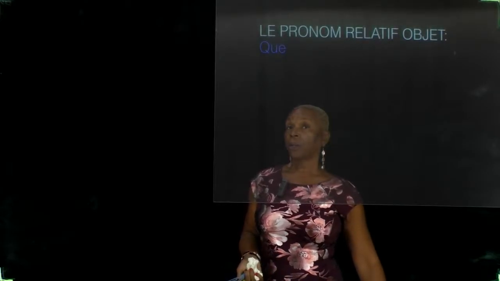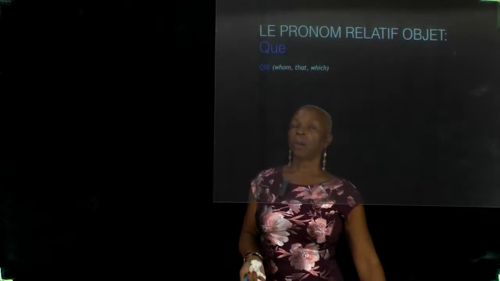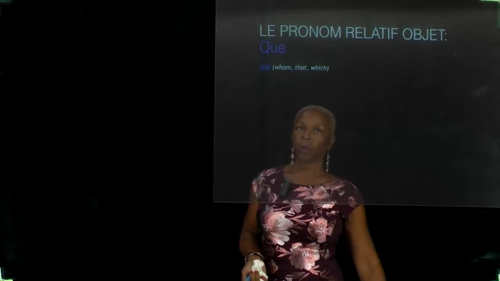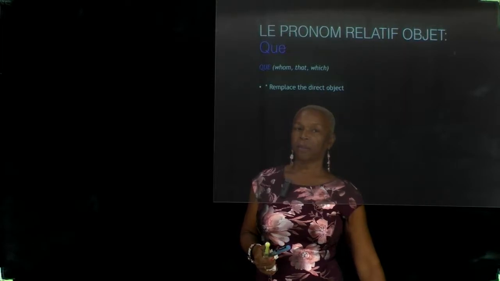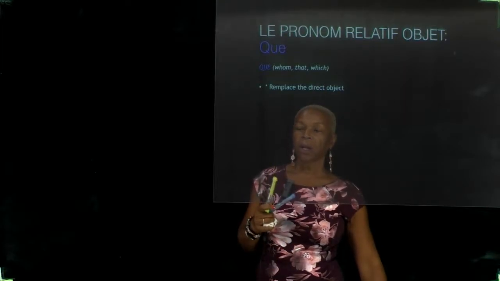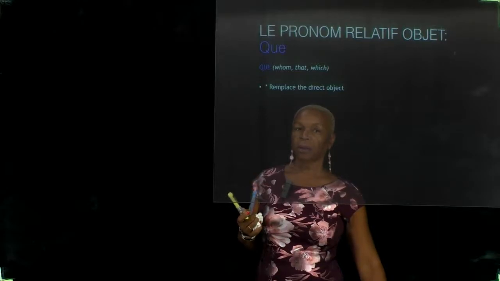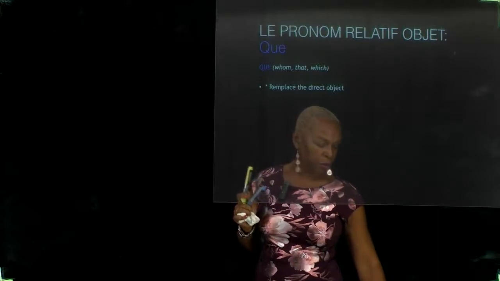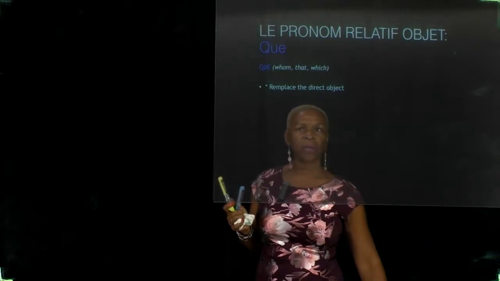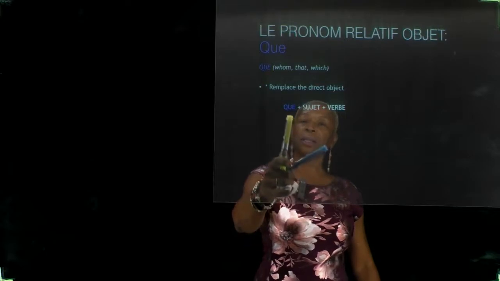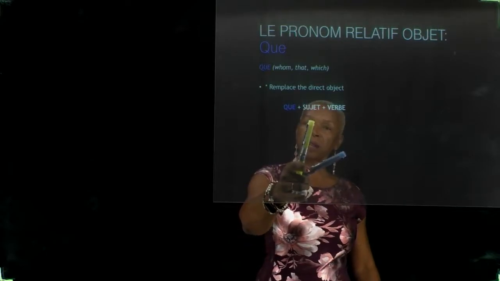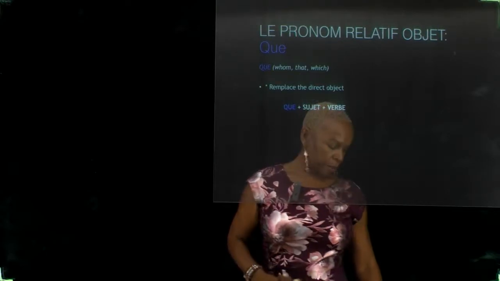Let's look at que. Que means whom, that, or which. Que replaces the direct object. Okay, and remember, a thing or a person can be direct object. So don't be fooled by, oh man, it's a person, I can't use that. Okay? So the word order is que, that is going to be followed by a subject and then a verb.